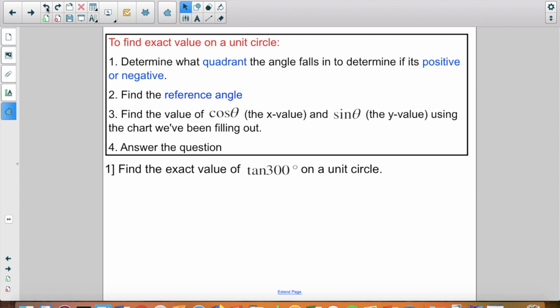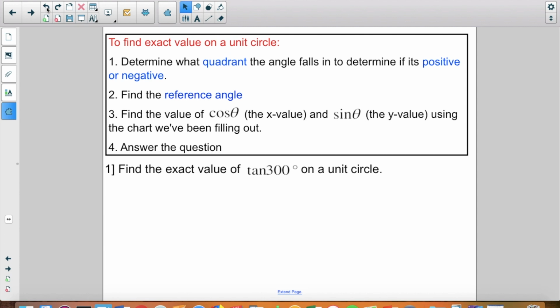To find the exact value of a point on a unit circle, first you have to determine what quadrant the angle falls in to determine if it's positive or negative. Then you find the reference angle, because we want the angle to be one of the values from our chart.